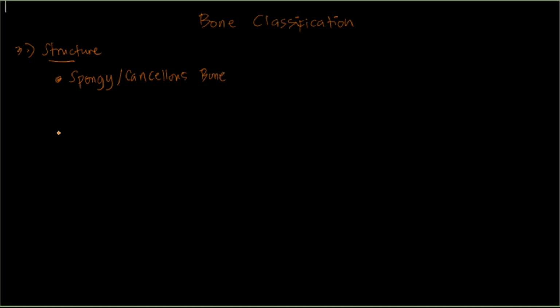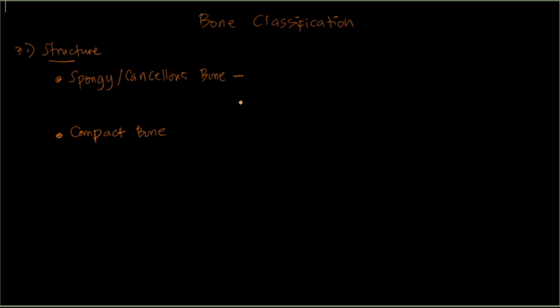The other one, under this broad category, we have your compact bone. When we say spongy or cancellous bone, actually they are composed of branching beams of hard bones. These branching beams of hard bones are your trabeculae or trabecula. Trabecula is a singular form of your trabeculae.